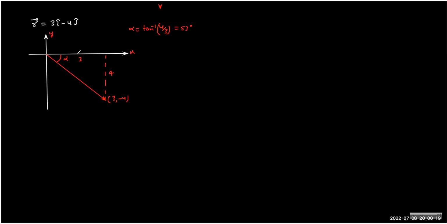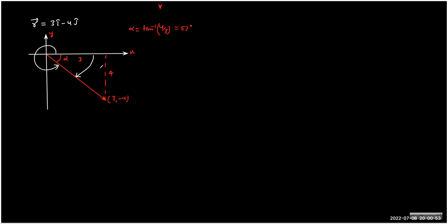To get this angle, there are two ways. Either you turn completely like this, not recommended. Why? It's more than 180. But the easier way is just turn clockwise. If you turn clockwise, where are you? In the fourth quadrant. Correct? So from the positive x-axis, if you turn clockwise, you are in the fourth quadrant.